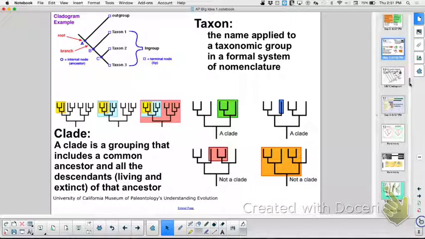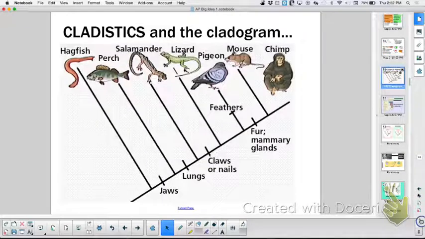So when you look here, this is a great way to see how you're still saying clade every single time, because it's just the yellow, or we're going to include this whole branch, that's the blue, or we're going to include this whole thing. That's a cladogram, right? In cladistics, we were saying, okay, hagfish, Agnatha, do not have jaws, but everybody else has jaws.